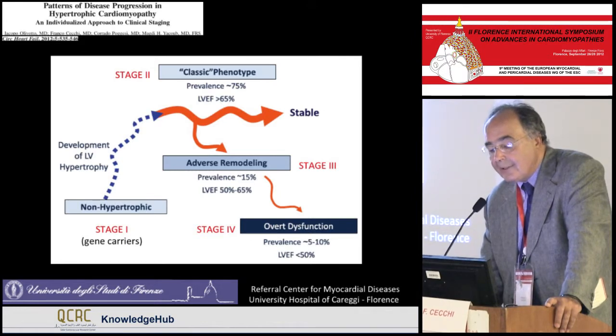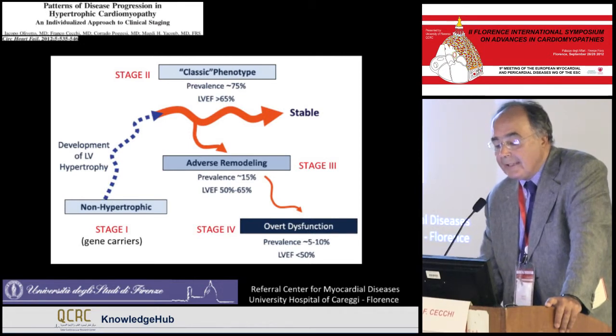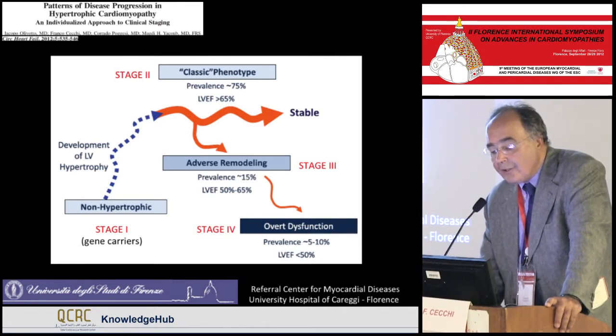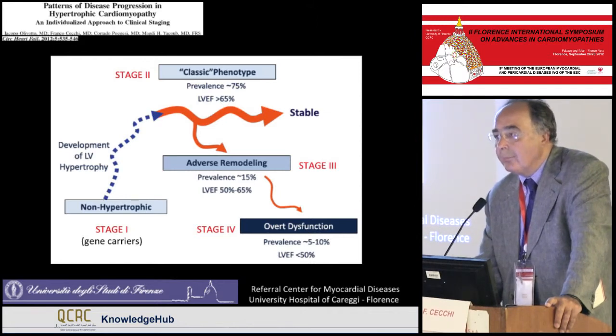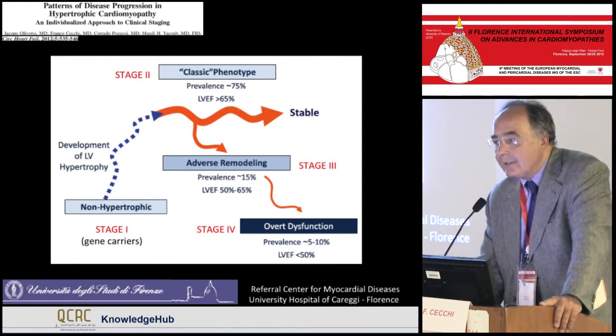Then you have adverse remodeling, which we call stage 3, and probably they account for about 15% of the patient population, where the ejection fraction is apparently normal but already lower than expected in hypertrophic cardiomyopathy patients. A small subgroup of stage 3 will then go into overt dysfunction, what has been called end stage before, a cohort of about 5 to 10%, where you find an ejection fraction below 50%, which is definitely very low for hypertrophic cardiomyopathy patients.